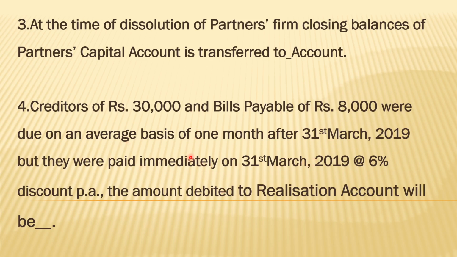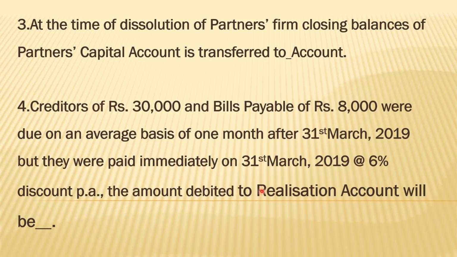But as per the terms and conditions, the creditors, for the amounts of 30,000 as well as 8,000, want to allow some discount, that is a 6% rate. So ultimately we will receive a discount from the supplier, and that is 6% per annum. So we have to calculate 1 month's discount, and then we will get the net amount.